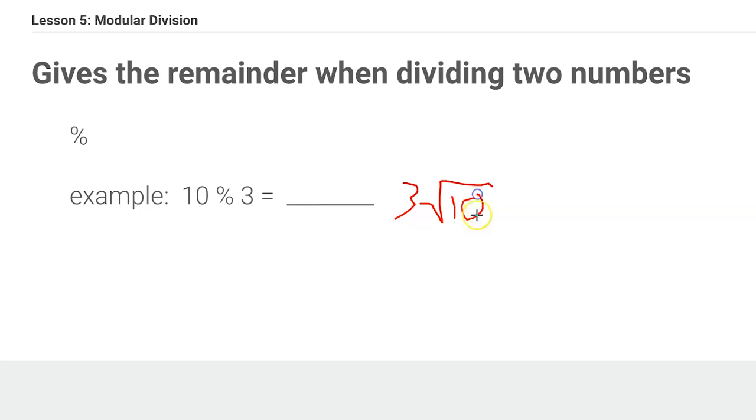So if we're dividing 10 by 3, first we want to say, okay, how many 3's can fit into a 10? We can fit 3 in there. That gives us 3 times 3 is 9. We subtract it out, and we see that we have 1 remainder. Okay, so our answer to this question is going to be 1. And that's what Java will give us when we run this code.